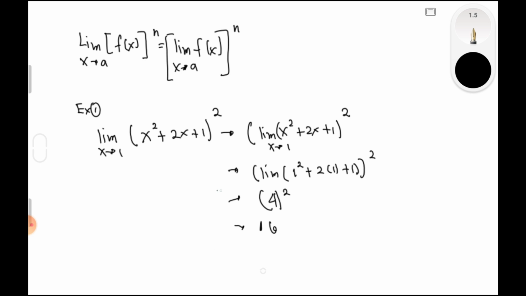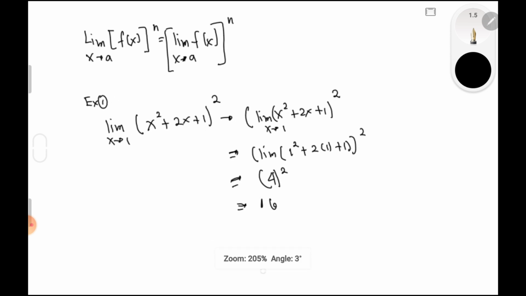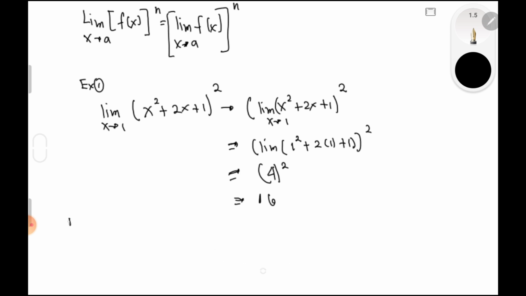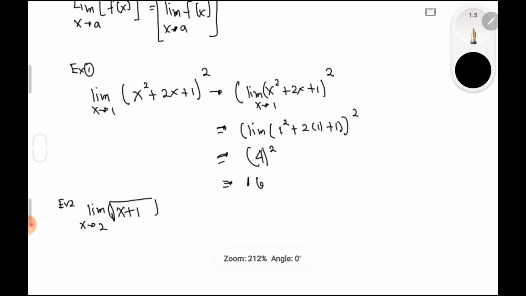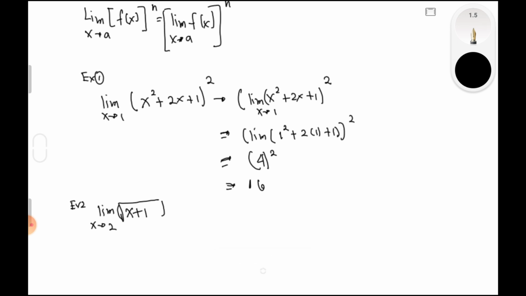So next is example 2. Let's have our example 2. We have the limit of, let's say, the square root of x plus 1 as x approaches 2. So take note that this is like our theorem number 7. So they are interrelated since you can transform our root into an exponential function.